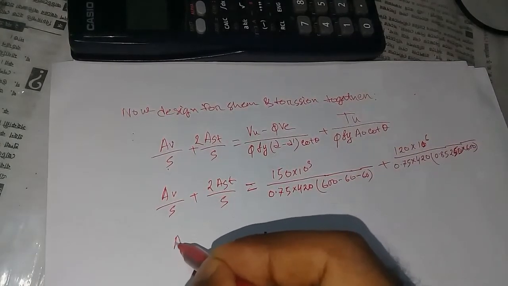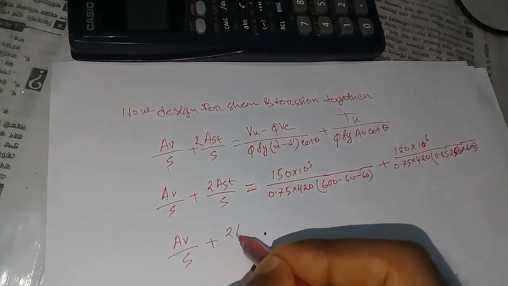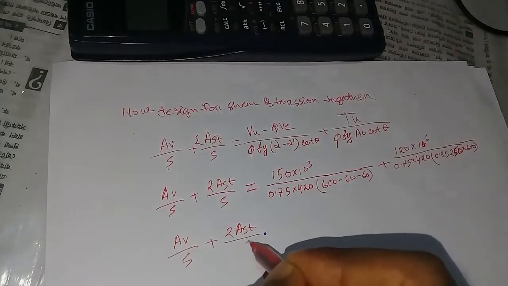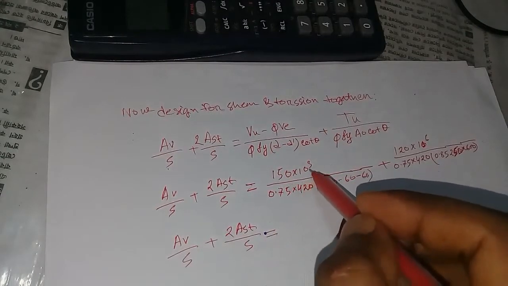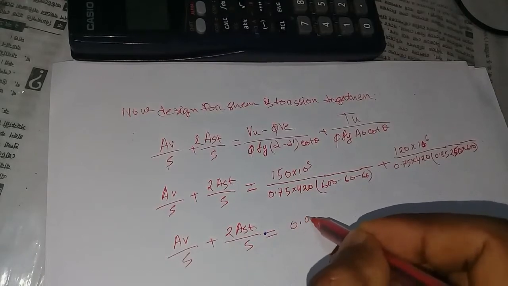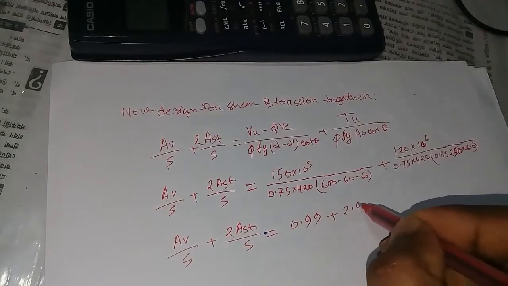So Av divided by s plus 2Ast divided by s equals, that comes 0.99 plus 2.98.